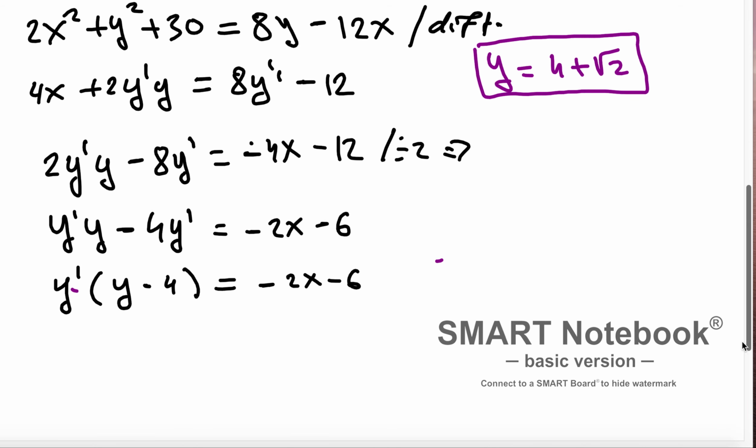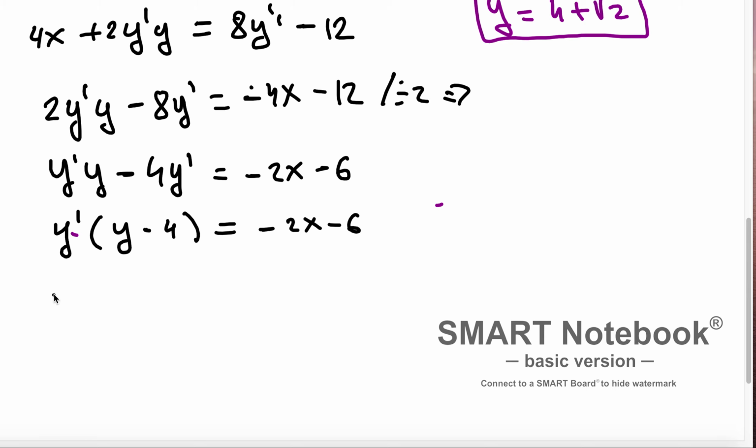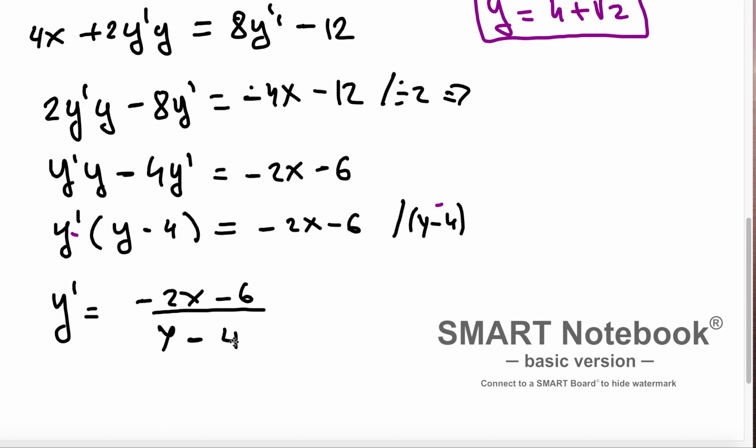Now we want to find the derivative, so we divide everything by y minus 4, and we get y prime equal to minus 2x minus 6, divided by y minus 4.